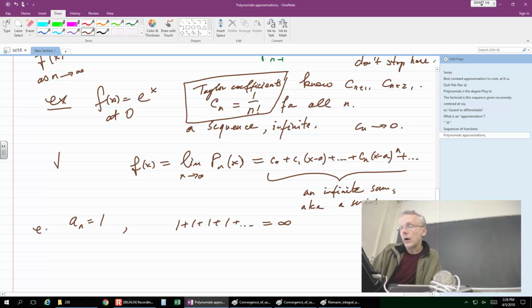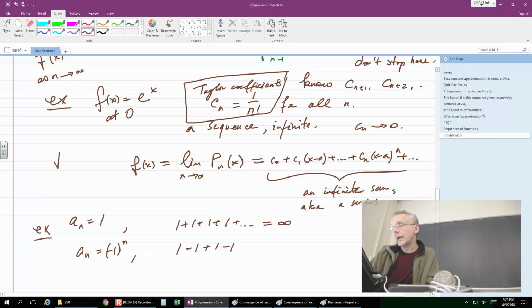On the other hand, if I take, say, an is equal to (-1) to the n, it alternates between -1 and 1. So then add 1, subtract 1. Add 1, subtract 1. Where does it end up? Isn't it fluctuating?